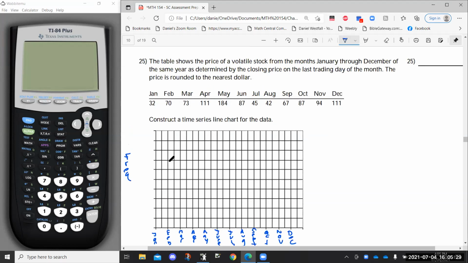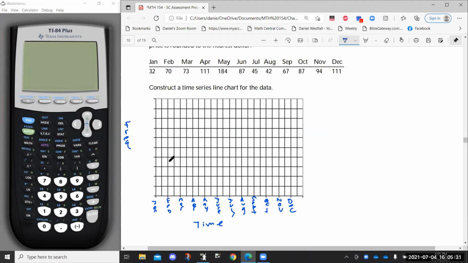And then we have 32, so we need to go by probably tens here. Let's see, 10, 20, 30, 40, 50, 60, 70, 80, 90, 100. Nope, that's not enough. I need to go to 184, so I need to actually go by 20s probably. Let's make this roughly 200.